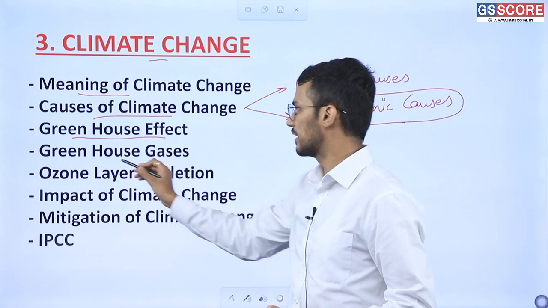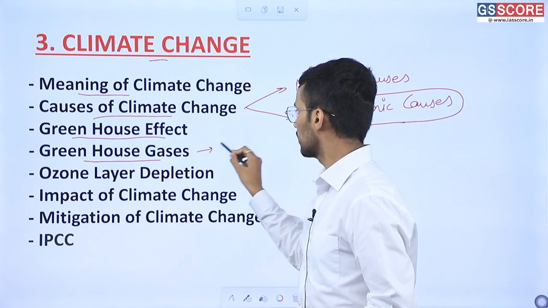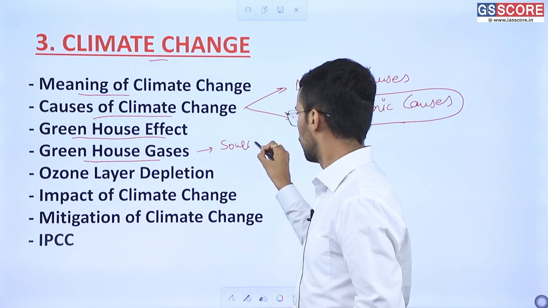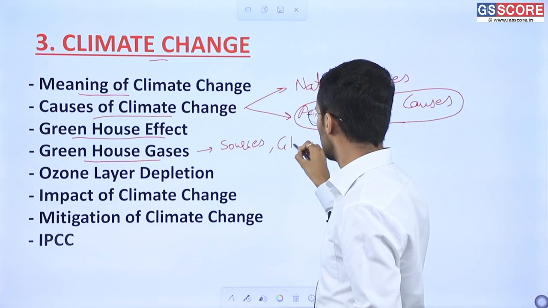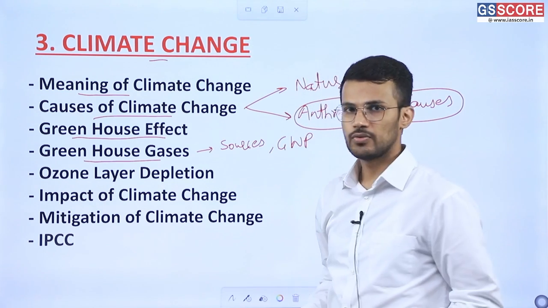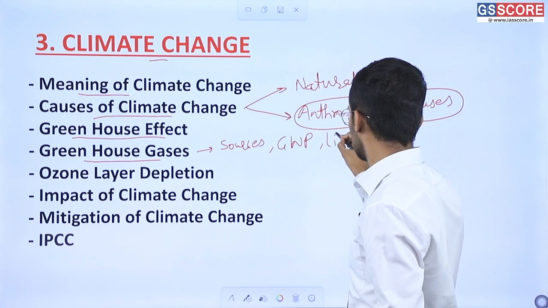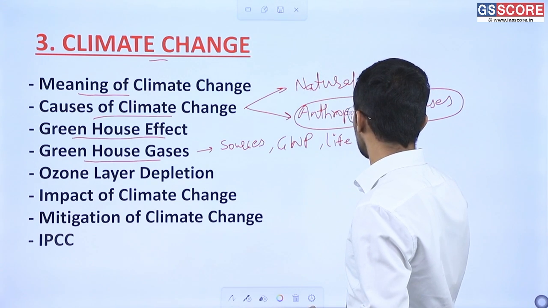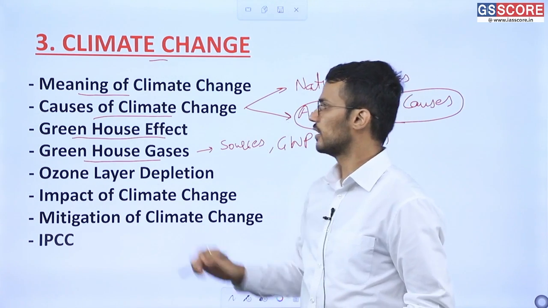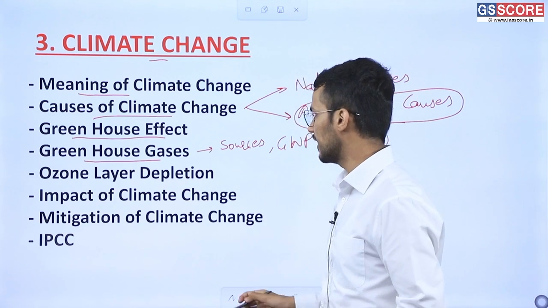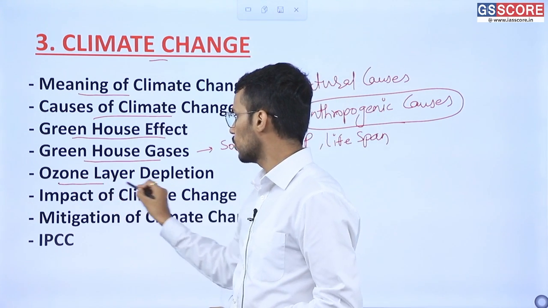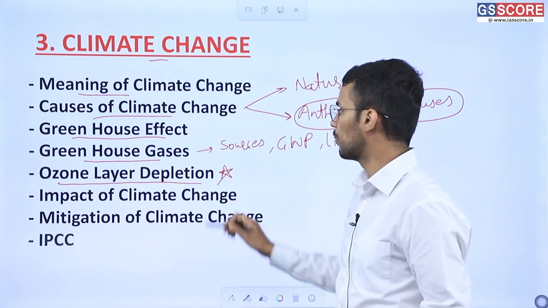What are the different greenhouse gases, what are their sources, what is their global warming potential, right? What is their lifespan? All these factors we'll talk about under greenhouse gases. Then the related issue of ozone layer depletion is also important.